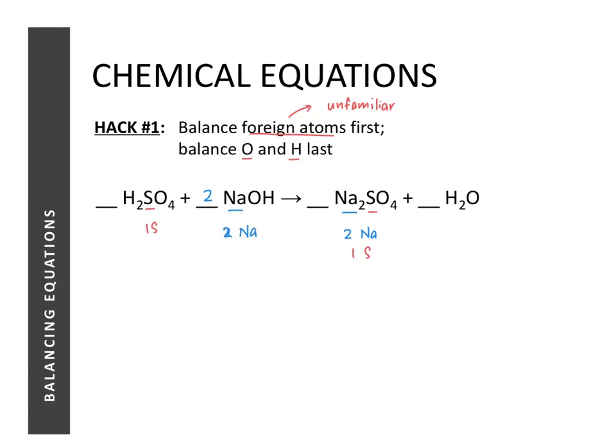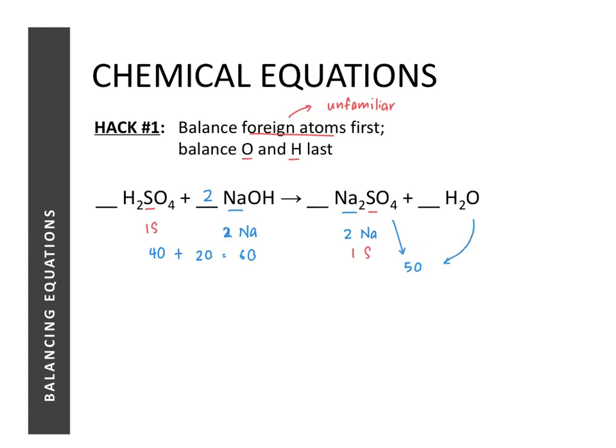You would find that the number of oxygens on the left would be 6. And if we look at the number of oxygens on the right, we have only 5 oxygen atoms: 4 from sulfate and 1 from water.